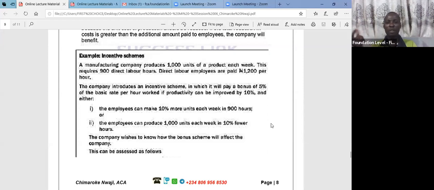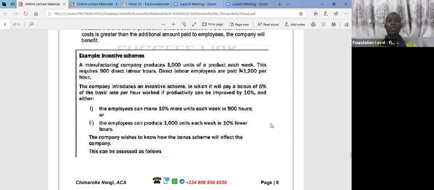What do they mean by that? Either employees can make 10% more units using the 900 hours, or they are going to produce the normal 1,000 units but using 10% fewer hours.